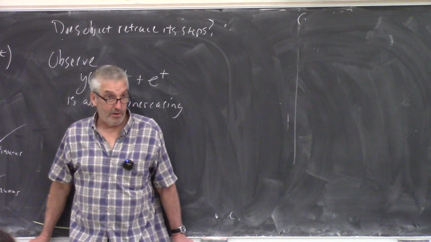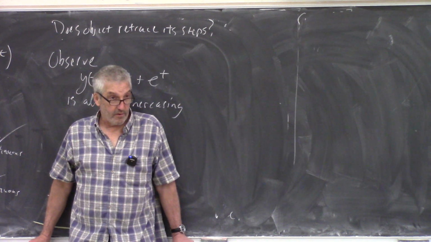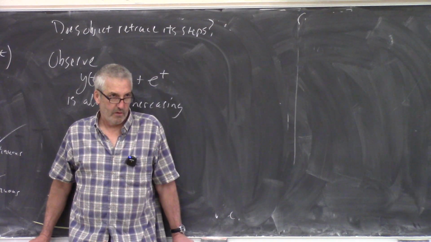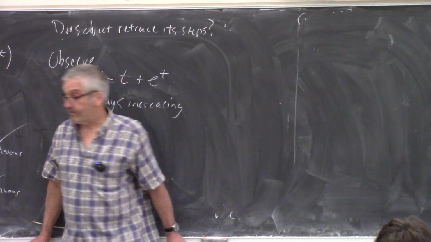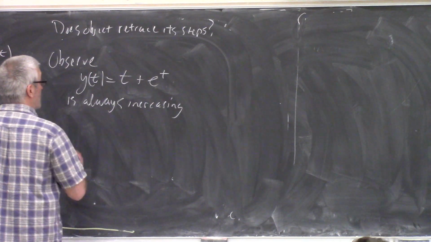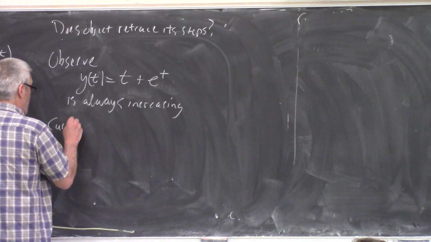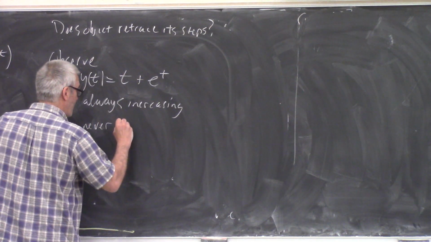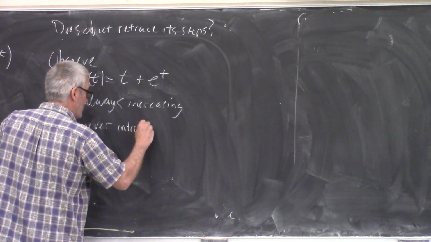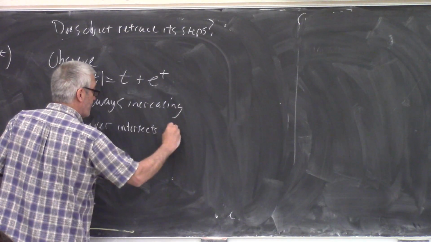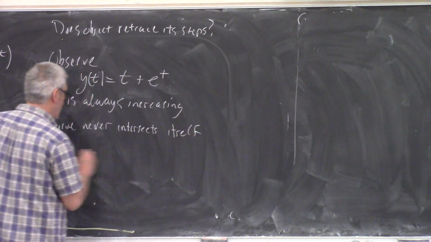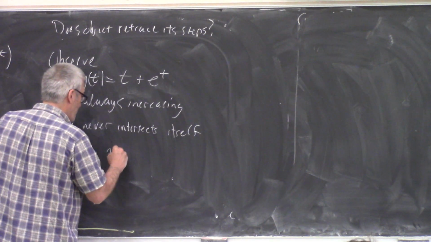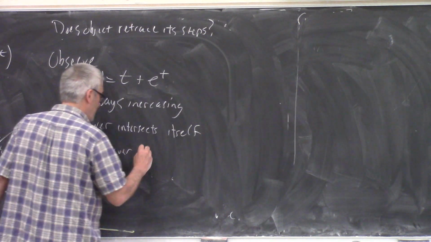So there aren't 2 times where the curve intersects. So it certainly can't retrace its steps. So the curve never intersects itself, and certainly never retraces its steps.